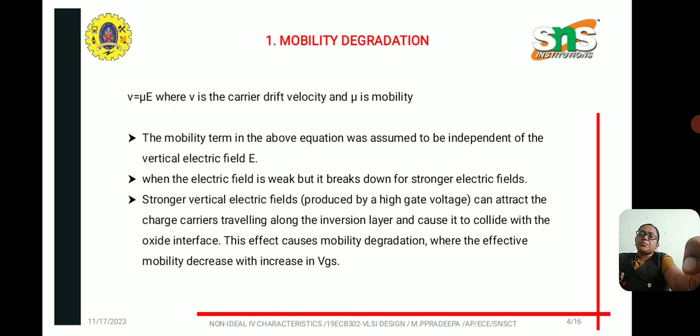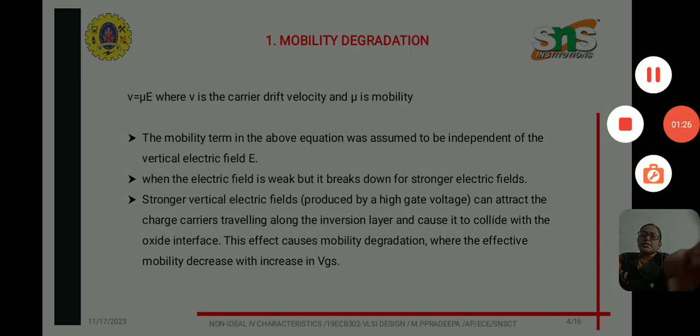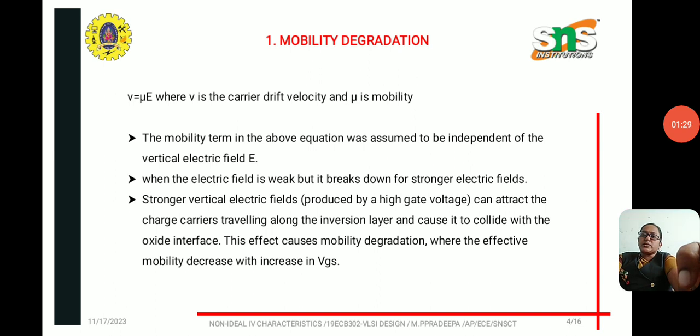So IV is nothing but the current and voltage characteristics. So the first one is mobility degradation. So what is this mobility degradation? A MOS transistor consists of three terminals, that is a gate, a source and drain.